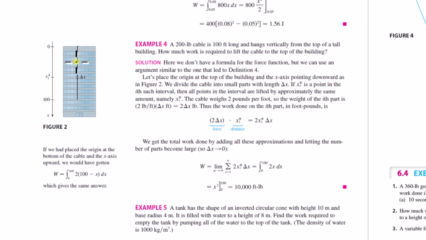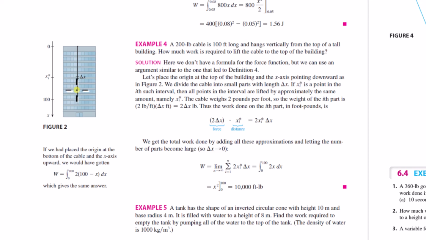You divide this up into pieces, calculate the work done to lift each of those pieces to the top of the building, and add those up. We haven't started pulling the cable yet, and we're going to divide this up into, let's say, 10 pieces, just to start.